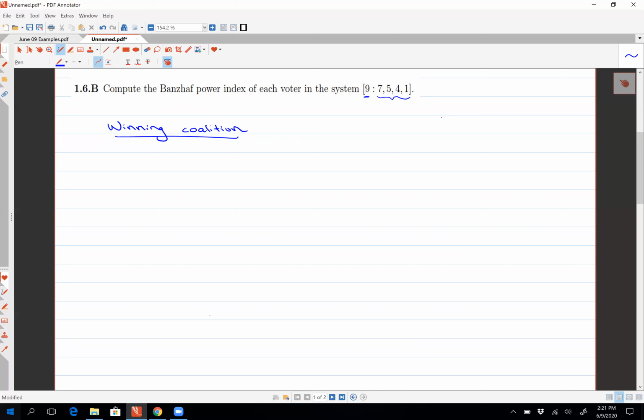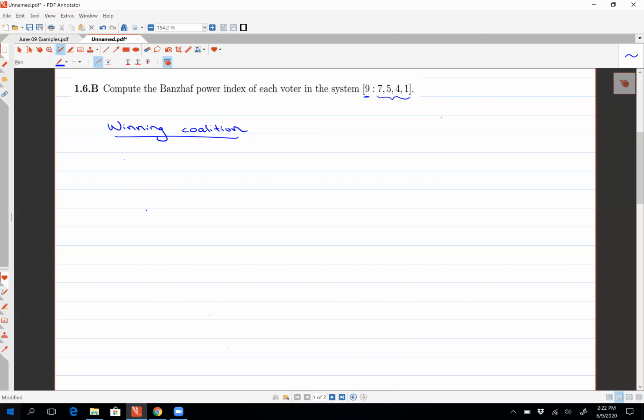To do this, you need to find all groups of voters that if you sum their weights together, you get at least the quota, which in this case is 9. So if you look at the voters as individuals, voter 1 on their own cannot be a winning coalition. They don't have enough weight. Voter 2 on their own cannot be a winning coalition.